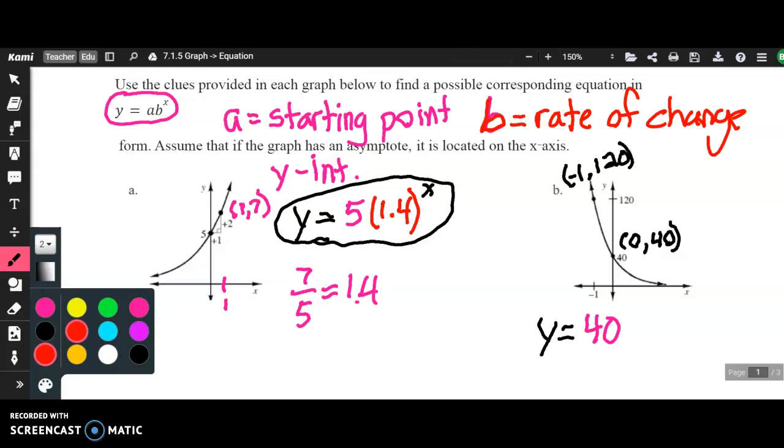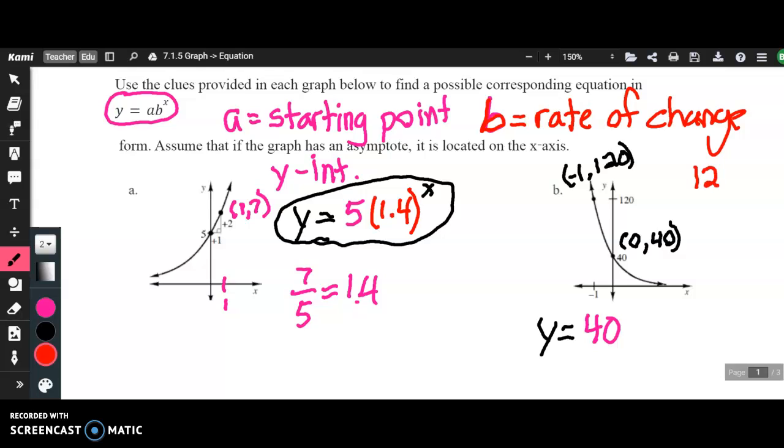A graph that curves downward has to have a rate of change between 0 and 1. So what I see is that I have the number 120 at x equals negative 1, and the number 40 as my next point. So I'm going to take that 120, divide it by 40, and I see that that equals 3.